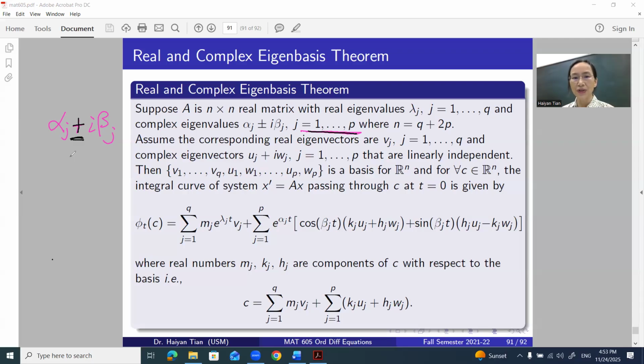So here we list all these pairs, p pairs of complex eigenvalues.